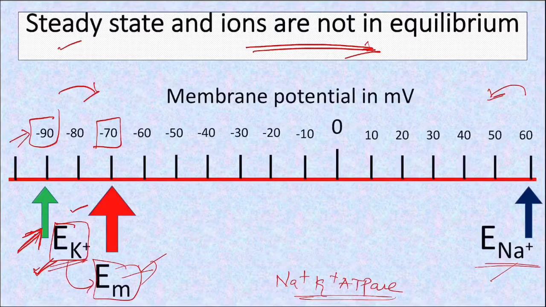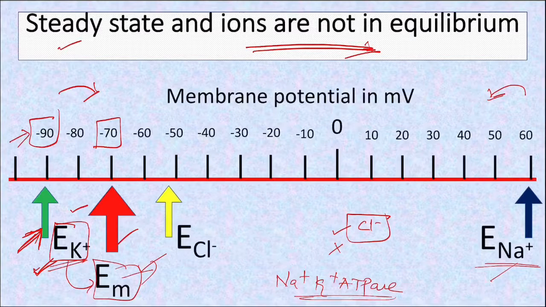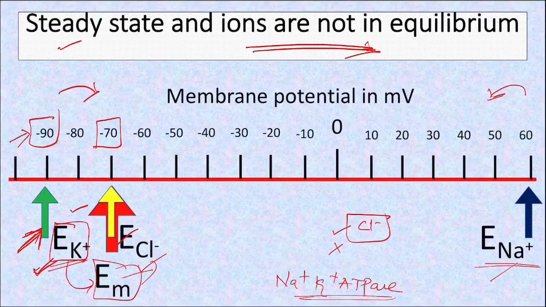For certain ions like chloride, the permeability is very high in certain cells like skeletal muscle, and it does not have any active transport mechanism to maintain its concentration. So chloride would continue to move until its equilibrium potential becomes the same as the membrane potential. So chloride, instead of influencing the membrane potential, adapts to the membrane potential.